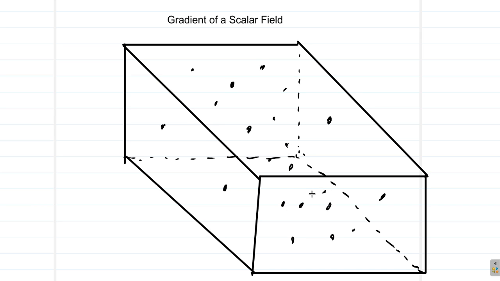Now I could keep adding more and more dots to show the various points where temperature exists, but that would require an infinite number of dots, right? Now, what you have there, temperature being a scalar, and various points where you measure the temperature, is called a scalar field, right?